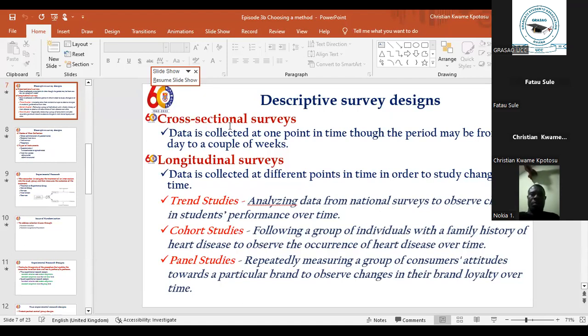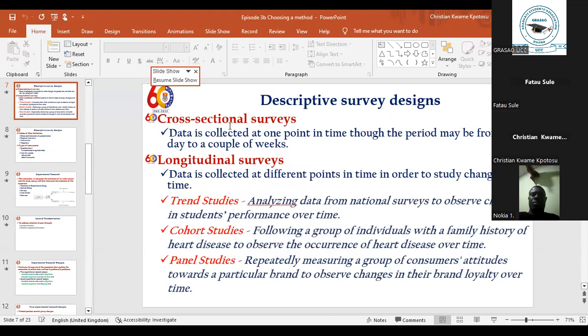But when we come to quasi-experimental design, we are now classifying groups, not individuals. So when you go to UEW, all the students you select become a group for UEW. When you come to UCC, all the students you select become a group for UCC.